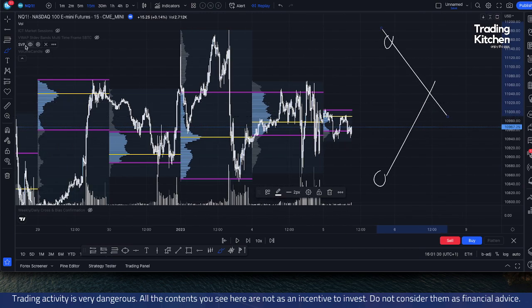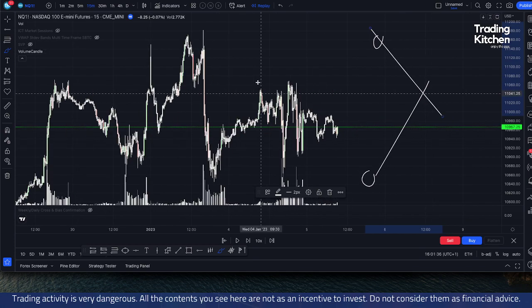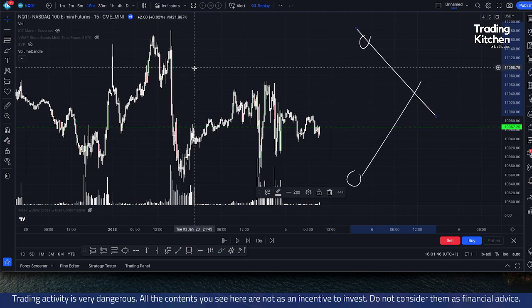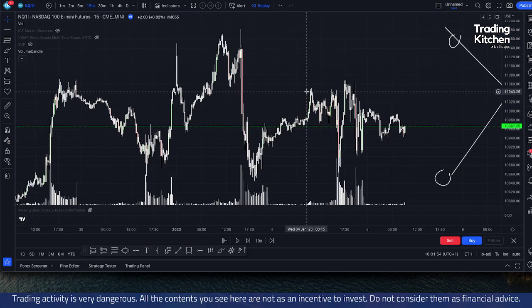The last indicator is just the volume candle. This is something that I obviously don't use on TradingView, I use it only on a volumetric trading platform, but it can be useful to you if you don't have one, to better identify the strong volumes that enter the market.